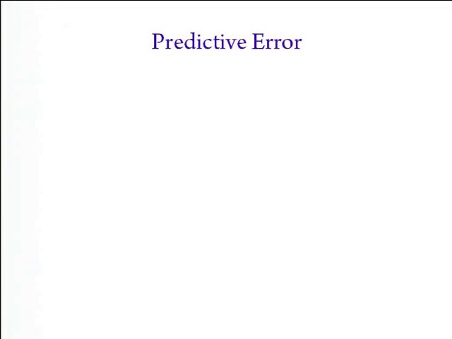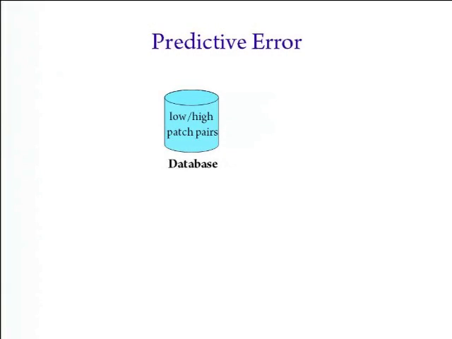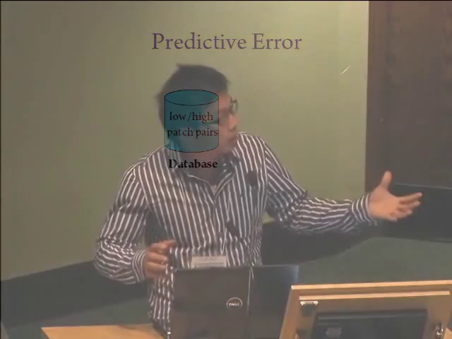Now, another quantity you want to measure is called predictive power. This is a little more complicated, but it is more consistent with the scenario of super resolution. Here, the database becomes a giant set of patch pairs of low and high resolution or frequency patches.